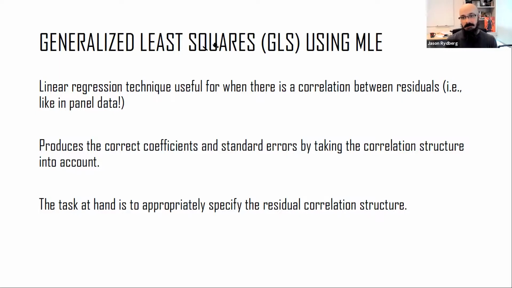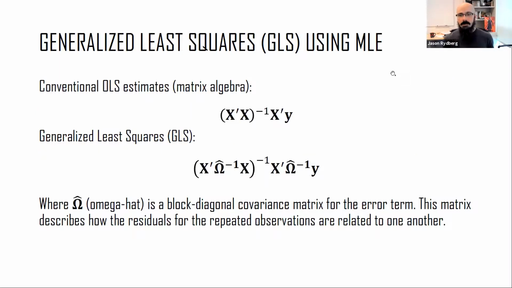So let's see what that looks like. First, just understanding what we're doing here: in matrix algebra terms, this is how we would arrive at conventional OLS or Gaussian maximum likelihood estimates. When I used to teach my regression class, I would do a lot more matrix algebra. I don't do a ton of that here.